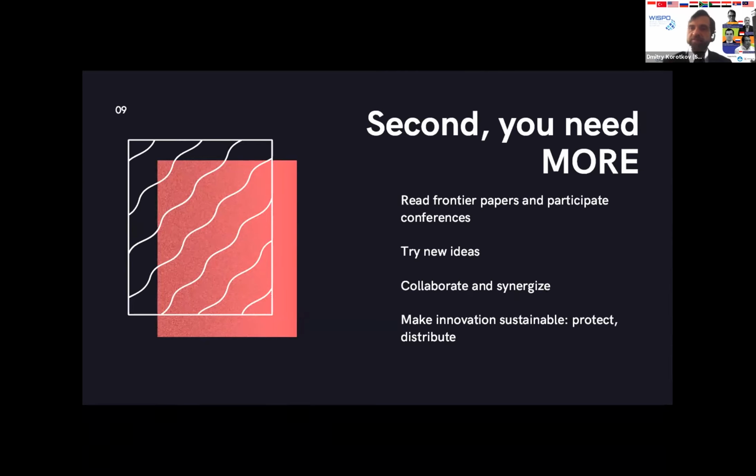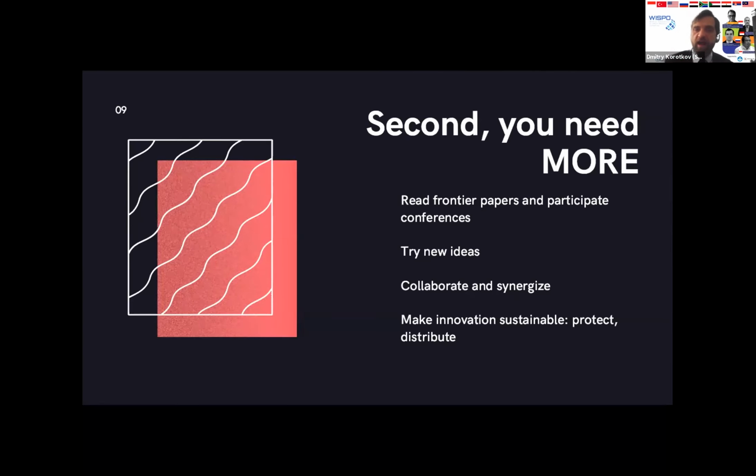Make innovation sustainable. In most of the innovation project presentations by young scientists, I saw that sometimes they didn't pay enough attention to the next steps from their results, how they can manage the output.